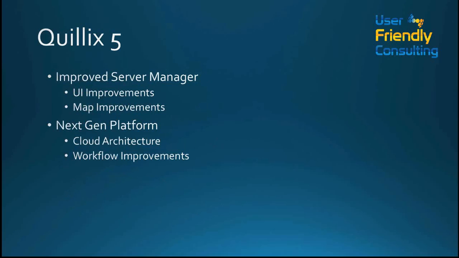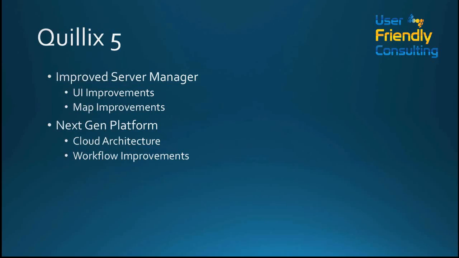We've also made some improvements to the server manager, mostly UI improvements. We also have made some process map improvements that we think will help our customers be more efficient and creative with how they build their process maps. And then lastly, we have made Quillix 5 our next-gen platform.